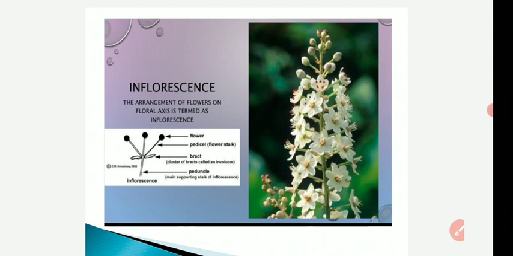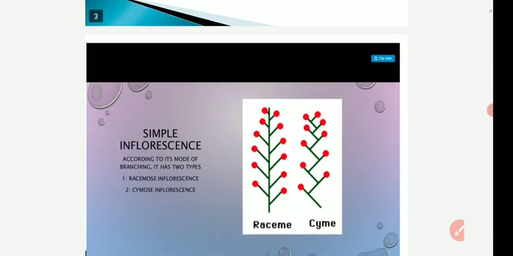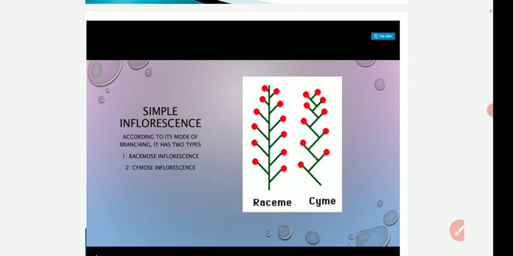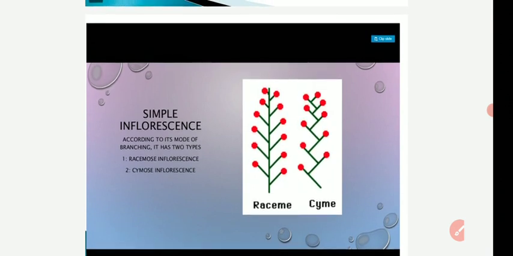On this main axis, the peduncle, there is a pedicel, that is the flower stalk to each flower, and there is a special arrangement of flowers on this central stalk, which we call the peduncle. So depending on the mode of branching, the inflorescence are divided mainly into two types. First one, that is racemose inflorescence, and secondly cymose inflorescence.